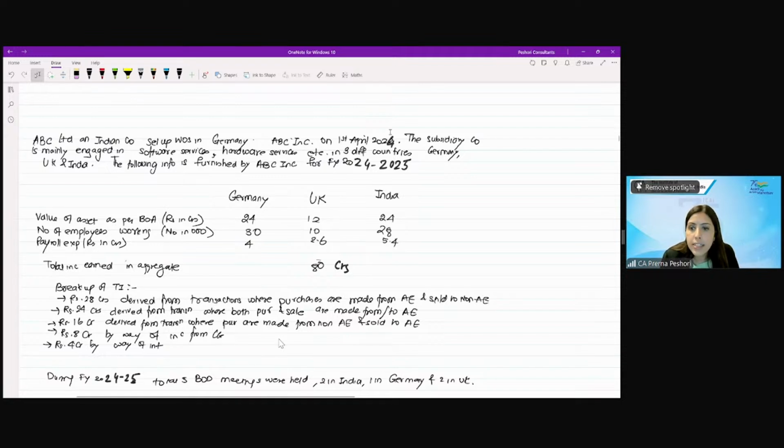Are you getting this particular point? So my passive income is 12 plus 24 crores. So 36 crore divided by 80 crores, which is my total income. Whether my passive income is less than 50% of my total income? Yes.